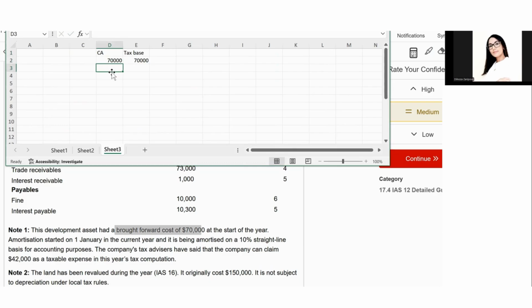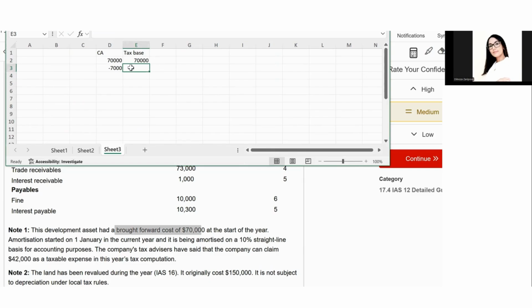If they use the straight line basis, they depreciated 7,000. But for tax purposes, they are saying the company can claim 42,000 as a taxable expense, right?